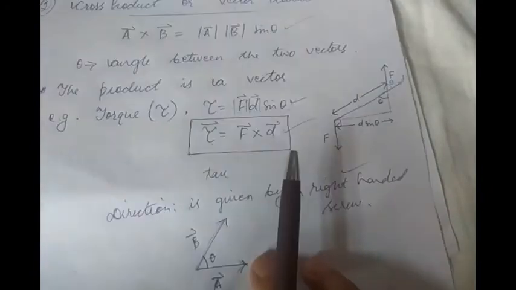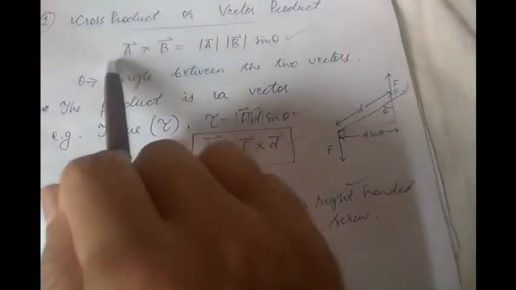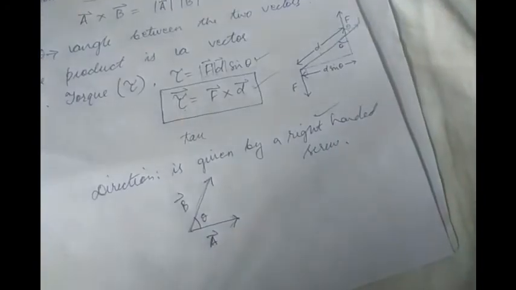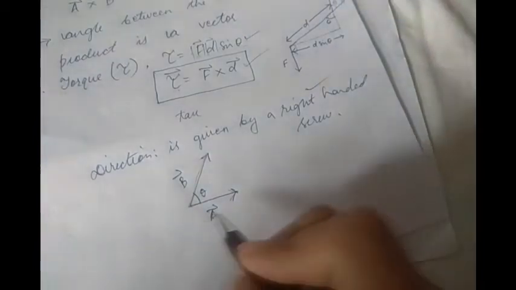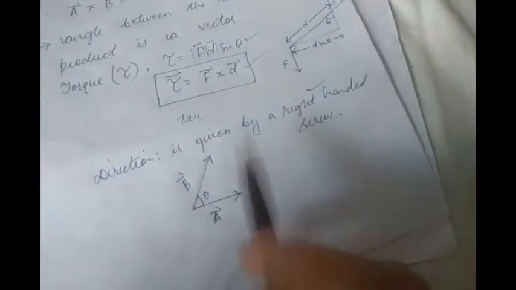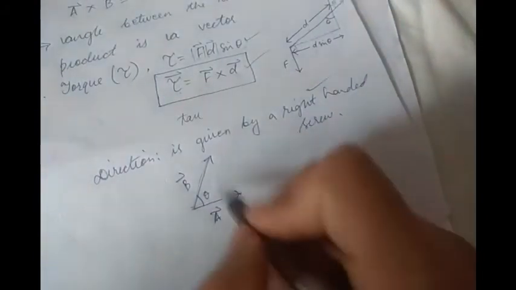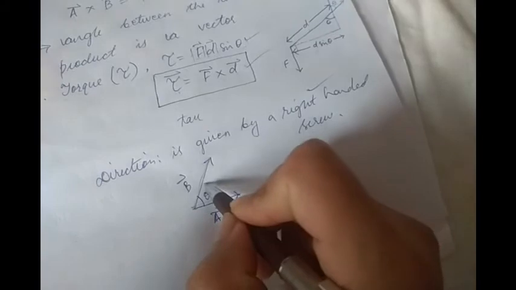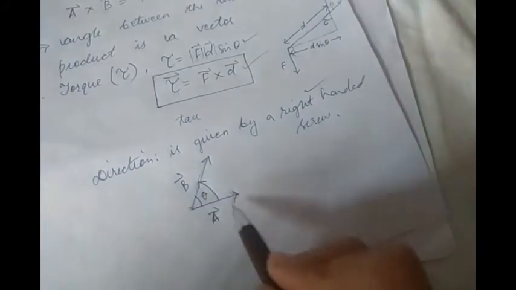So when we need to find the direction of the cross product of two vectors, we take the help of a right-handed screw, and this is by agreement, by convention, how to find the directions. Since it is A cross B, this is your A, this is your B, we rotate our right-handed screw from A to B like this.